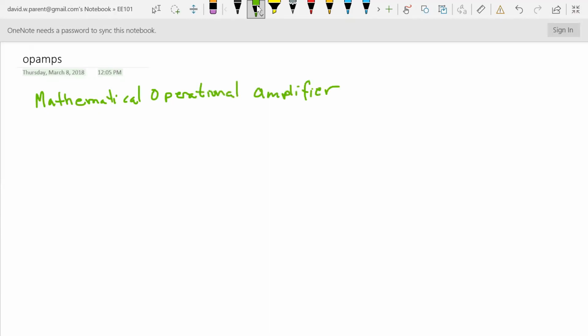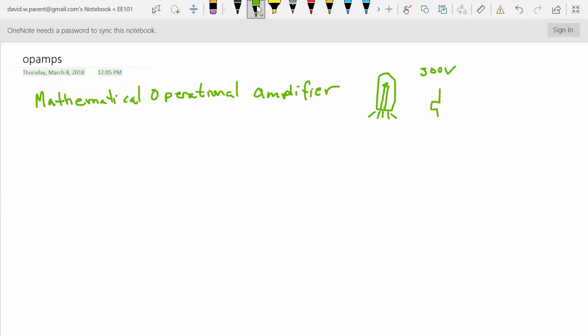That's what they mean by operational: mathematical operations. And they used to actually be made out of, well, I probably can't draw it very well, tubes, which could have even had 5 pins and operated on 300-volt power supplies.